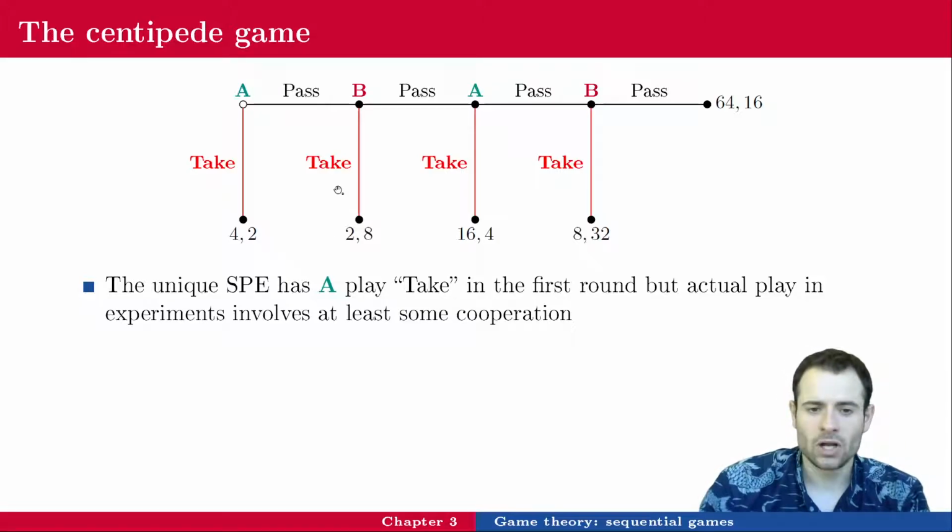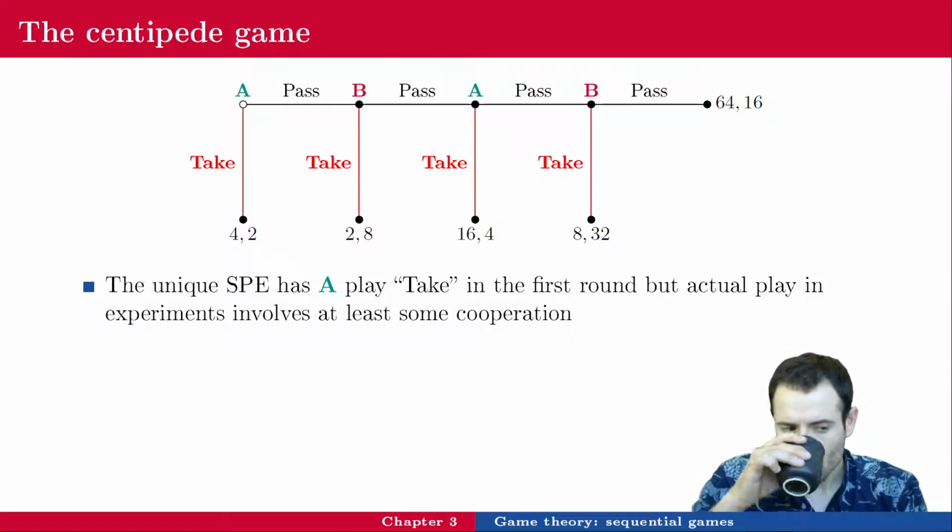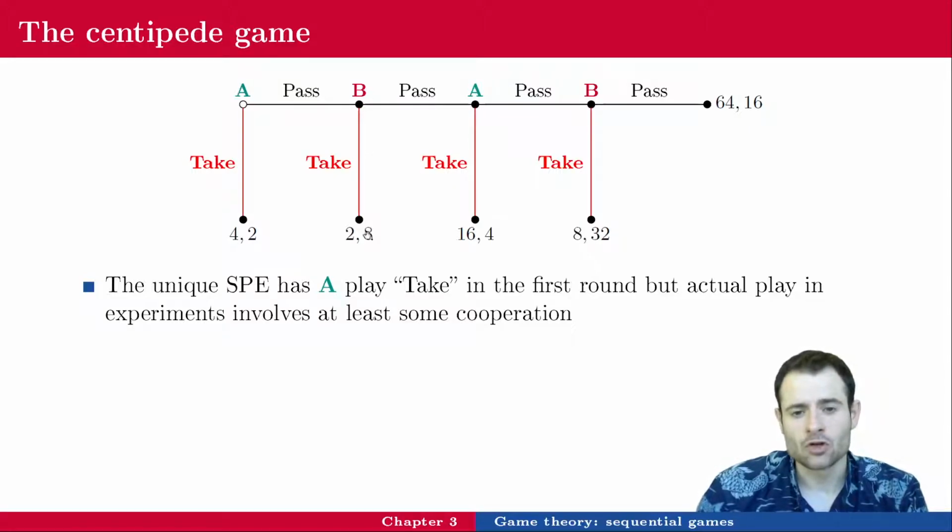Now, bigger subgame again. B can pass the ball, but then A will take. So B will make a payoff of 4. Or B can take the ball now and make a payoff of 8. He prefers a payoff of 8 to a payoff of 4. So, as soon as he gets the ball, he's going to take.